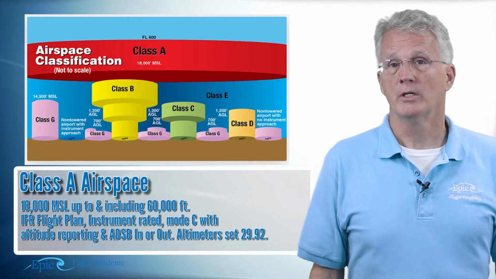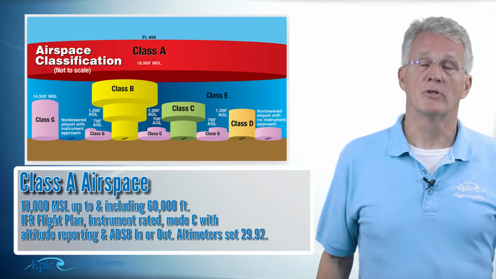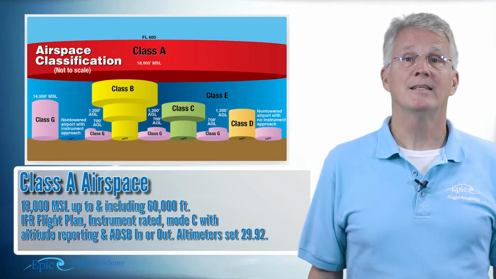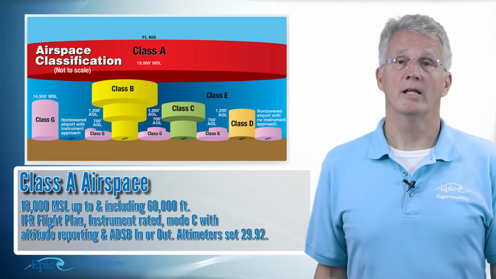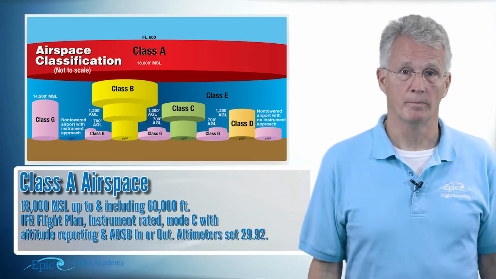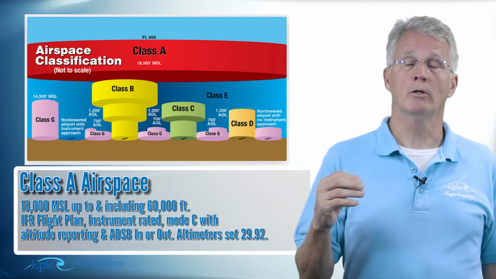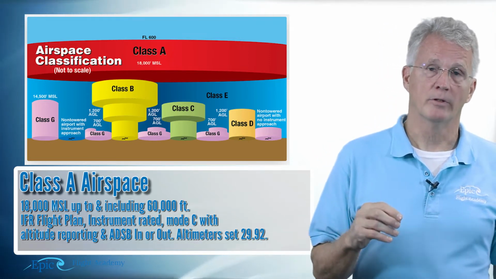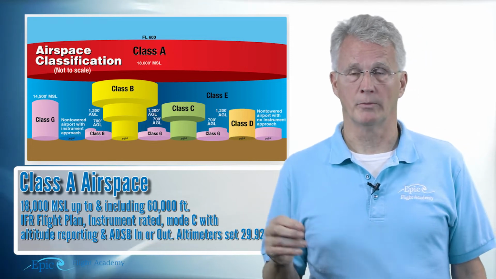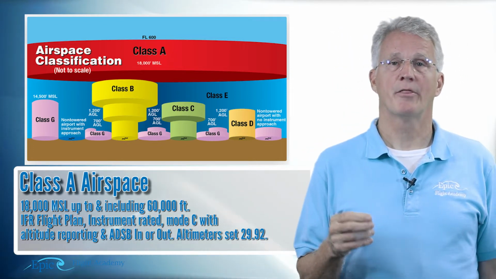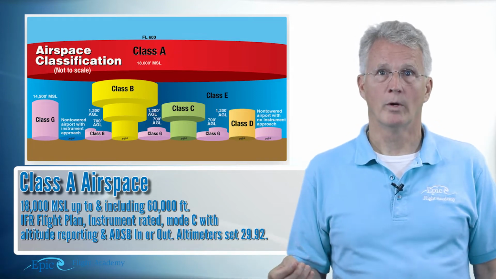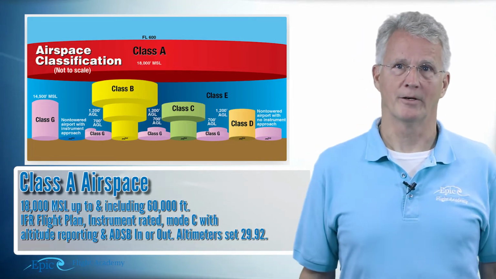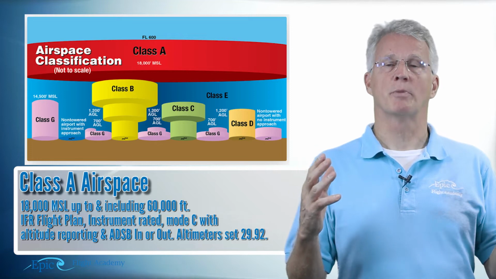Alpha airspace is defined vertically as beginning at 18,000 MSL, that's 18,000 feet above mean sea level, and up to and including flight level 600, that is 60,000 feet.